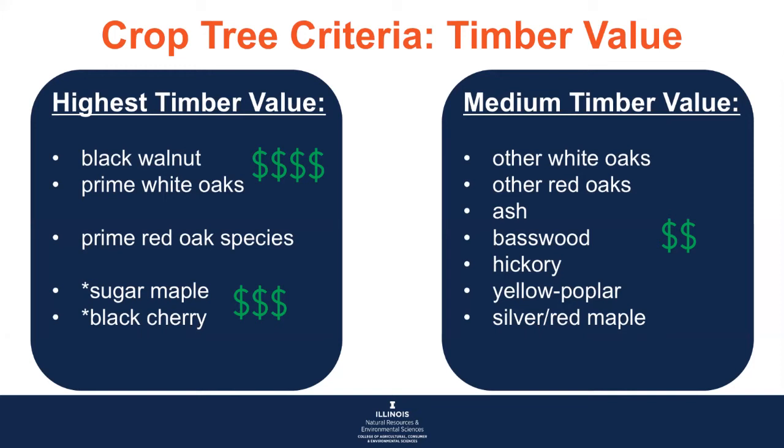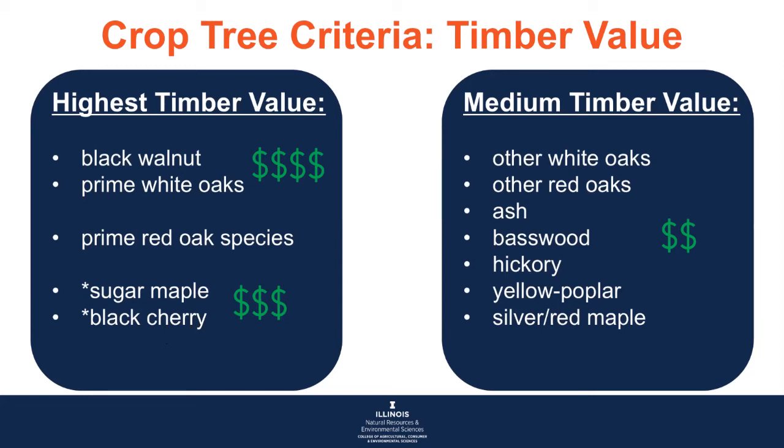They have a higher timber value compared to pin oak and black oak, which are referred to as other red oaks. And depending on the markets and your growing site, sugar maple and black cherry could be considered a higher timber value species. And then on the right here, medium timber value species include other white oaks, other red oaks like black oak, southern red oak, pin oak.